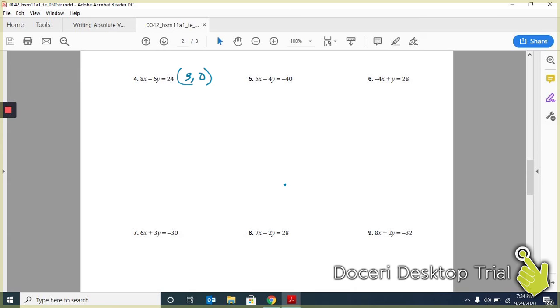That's the x-intercept. That's the y-intercept.